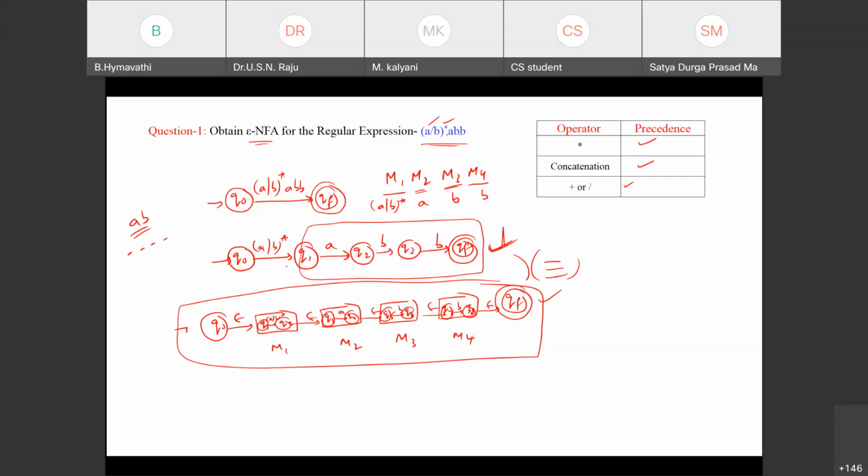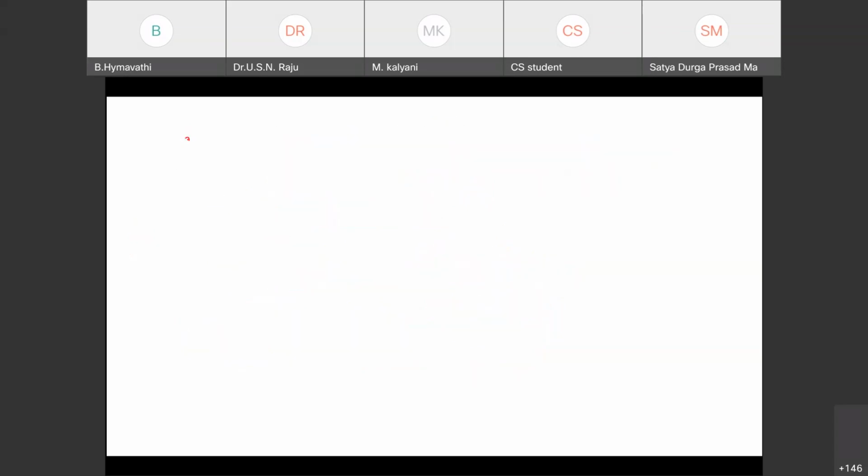Now I need to expand the diagram between Q0 and Q1. I'll draw this diagram one more time here: Q0, Q1, QF, then this is A or B whole star.